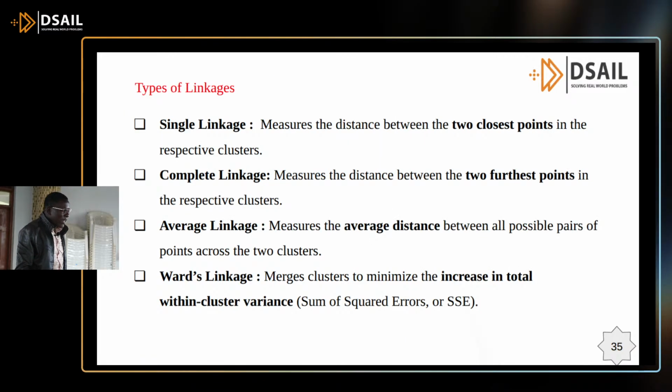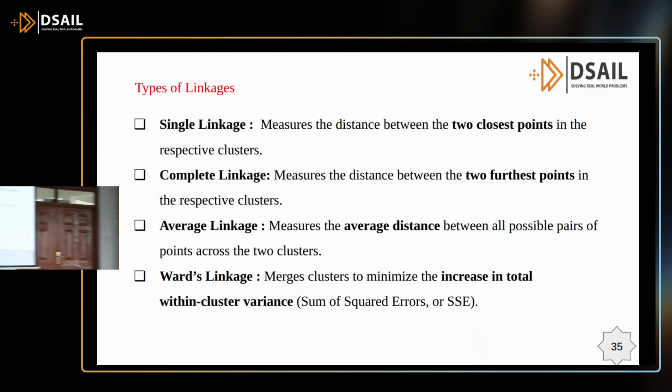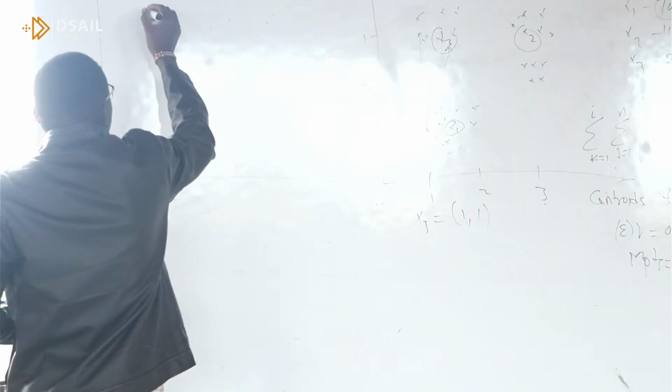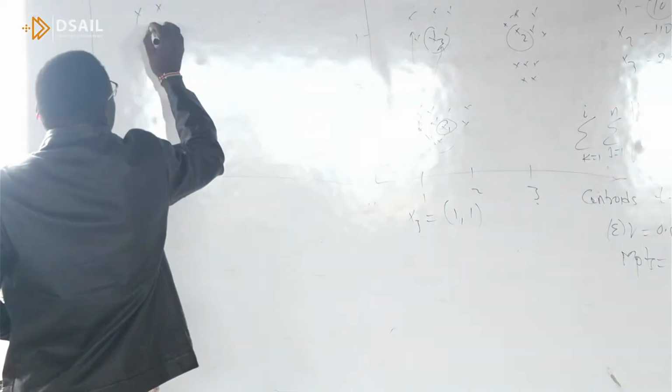Types of linkages with this type of clustering. We have single linkage, and what that means is that, let's say, data points.